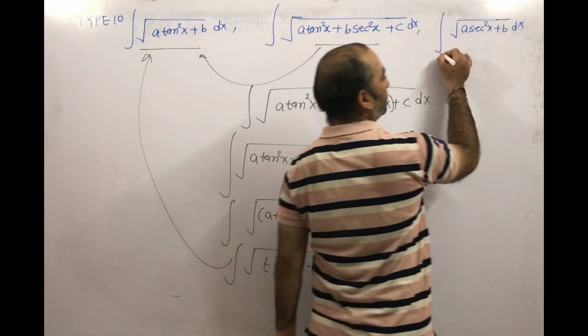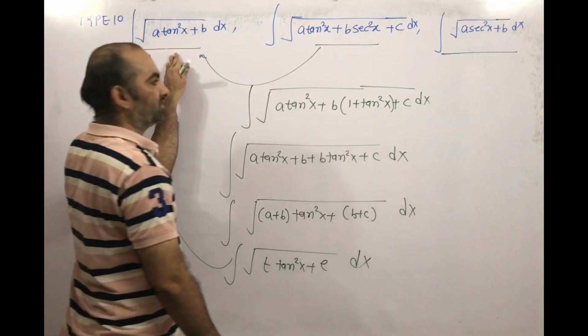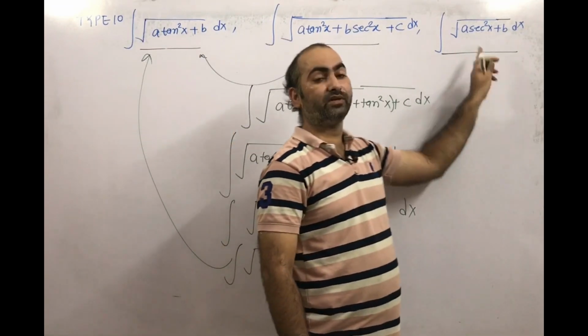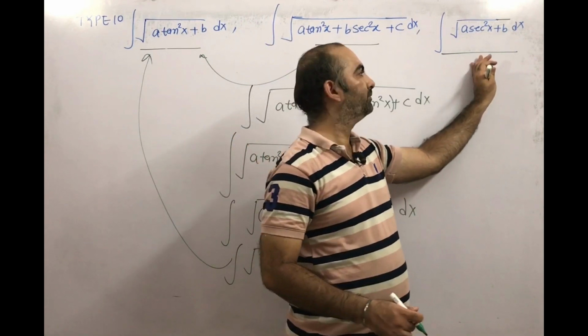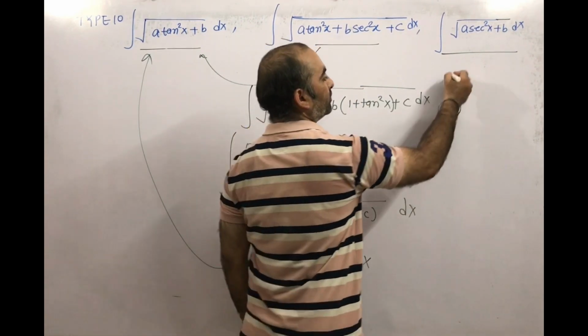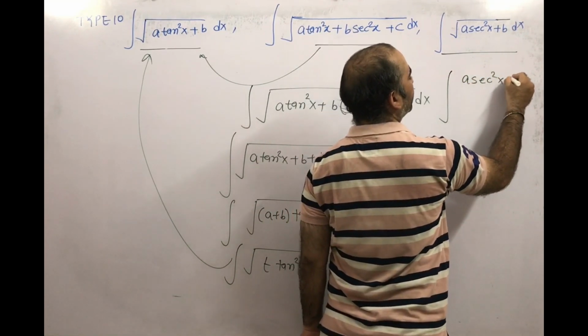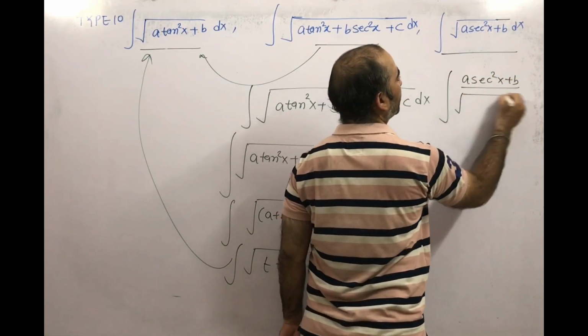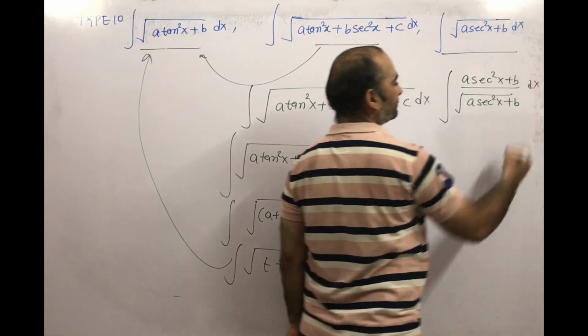Similarly, root over a secant square x plus b also we can convert in terms of this one. So here also we have to write secant square x as 1 plus tan square x. Okay, and if you want, directly also we can do. Here we can write integration of (a secant square x plus b) divided by root over a secant square x plus b dx.